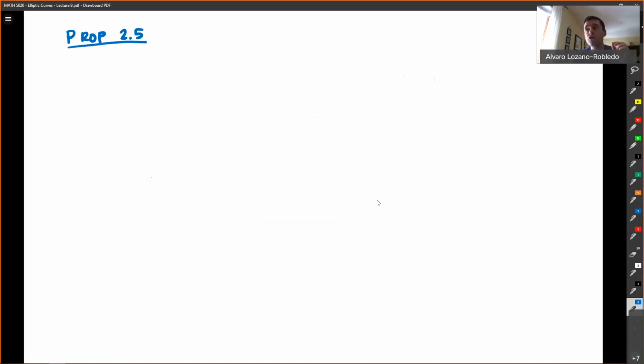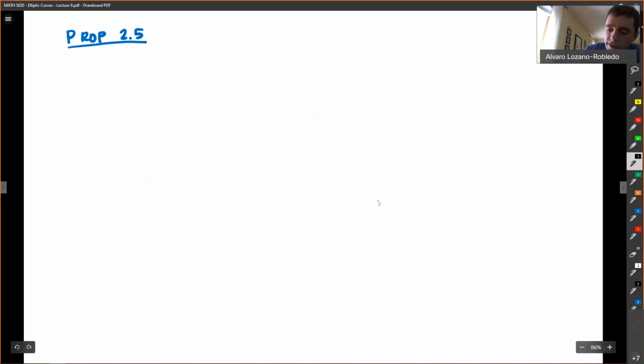It turns out that you can still retrieve a group law even in the case that you have a singular Weierstrass equation. So not an elliptic curve, but if it's singular, you can still use the same construction of addition on the curve and still have some group law.